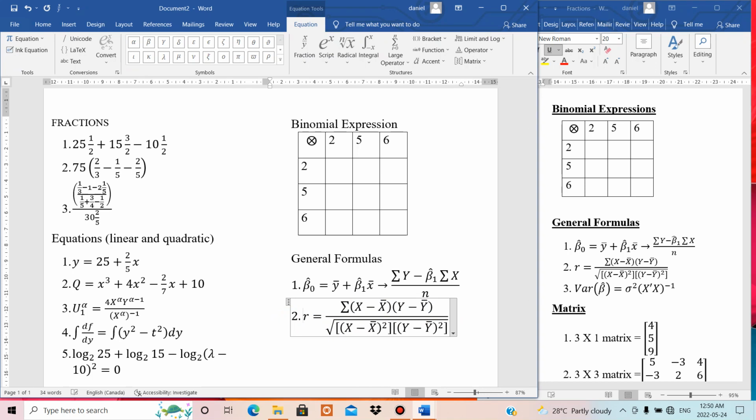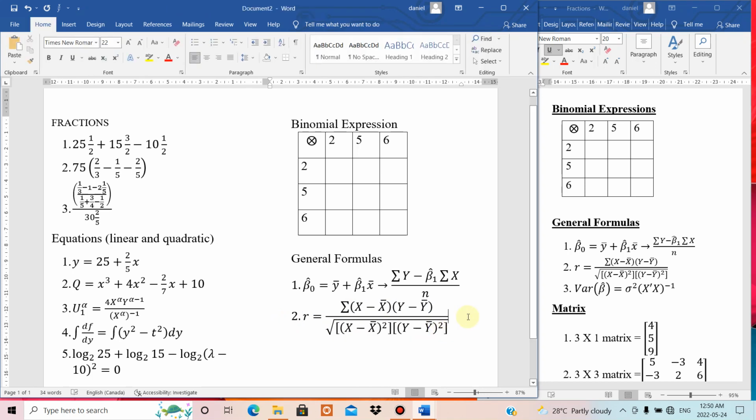So we label that. Our third is our variance of beta hat.